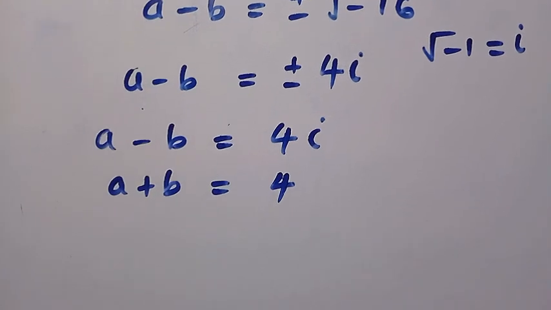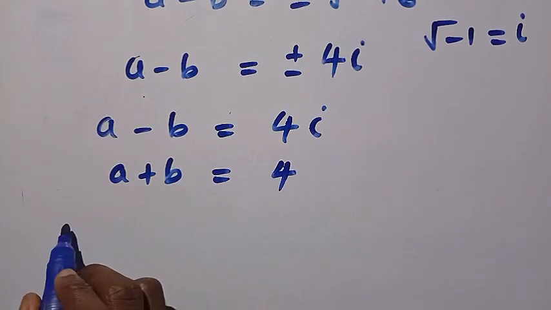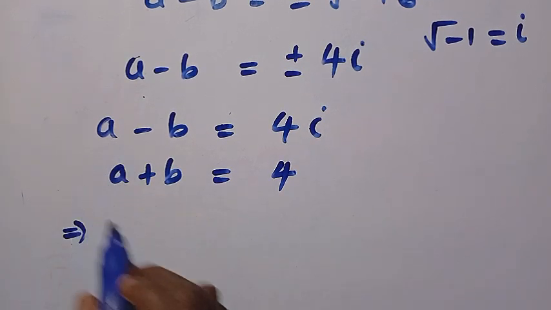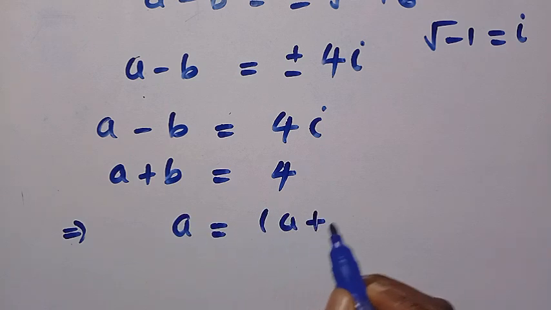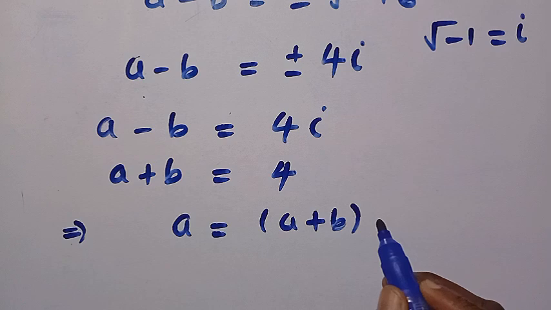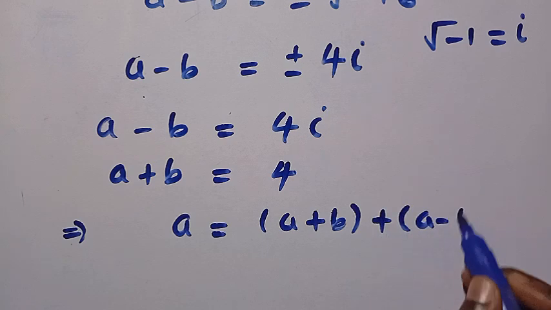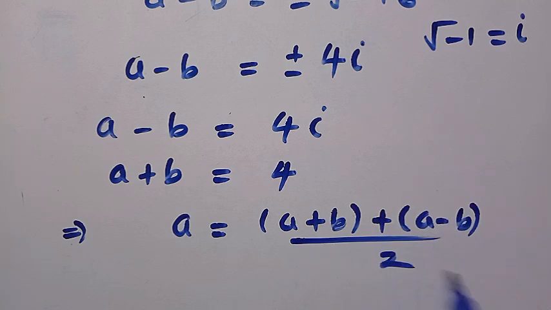But here is the trick behind this. I don't want to apply the elimination method at this stage. For every a we have here, it's the same thing as a plus b, plus a minus b, all divided by 2.